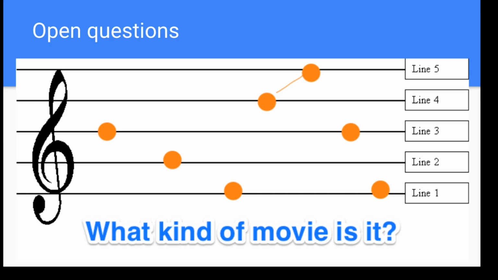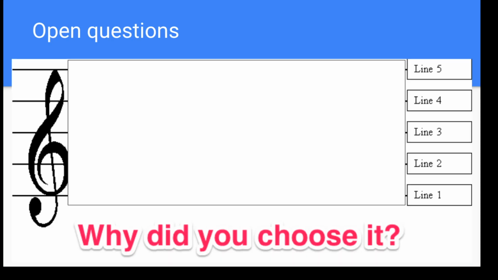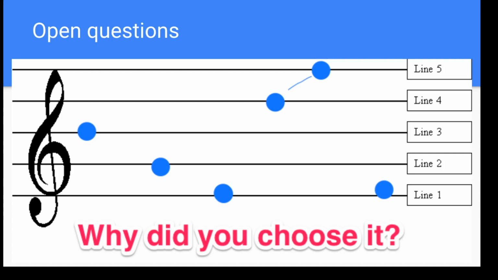Okay, so again, let's try giving you the options. Why did you choose it? Think about what that pattern is going to look like. Try saying it out loud now, as loud as you can. I'll give you a moment to think. Okay, so I put it through the software and this is how it came out.